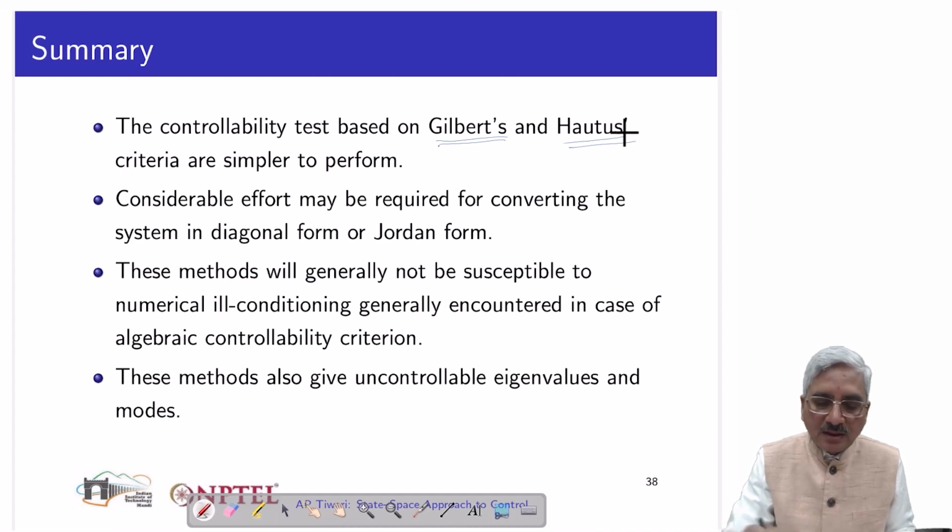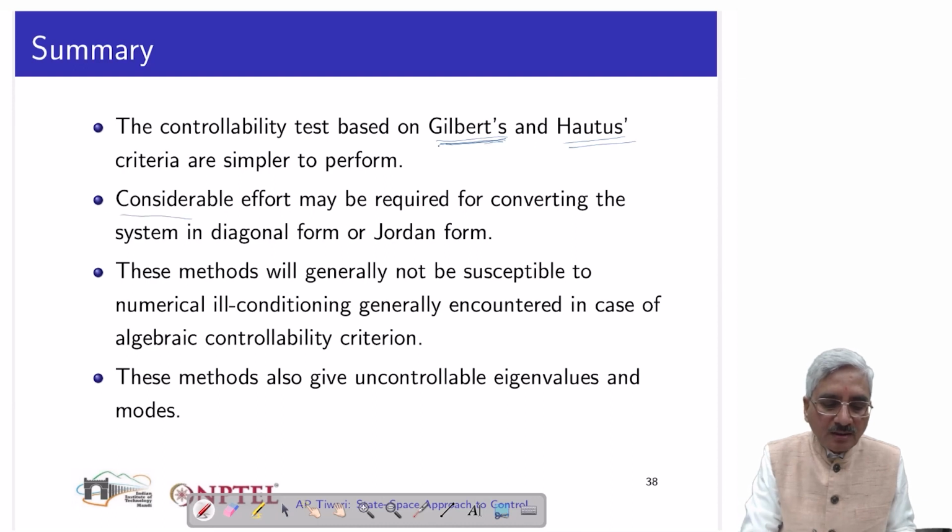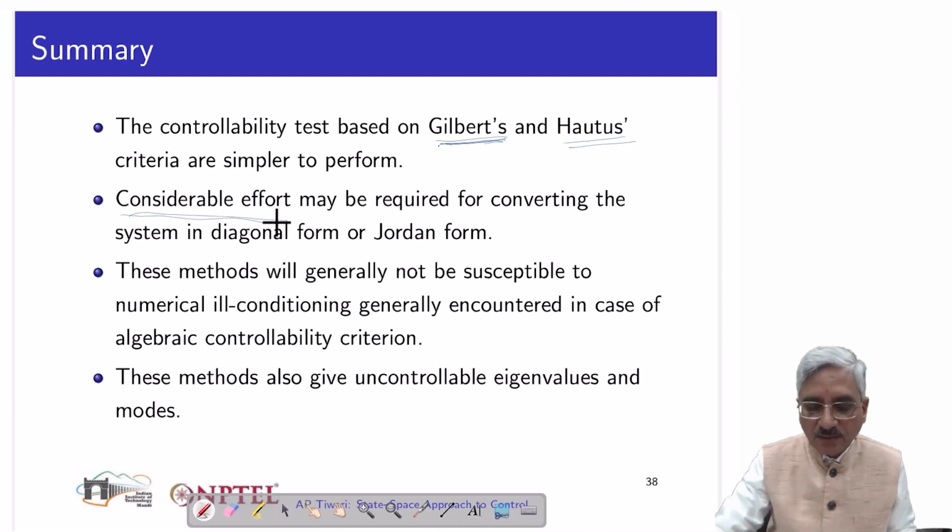Of course, in application of Gilbert's criterion, we have to transform the system into diagonal form or the Jordan form, depending upon whether the eigenvalues are distinct or repeated. That may require considerable effort. Otherwise, application of the criterion is simple. Hautus' criterion doesn't even require that, so it is even simpler.